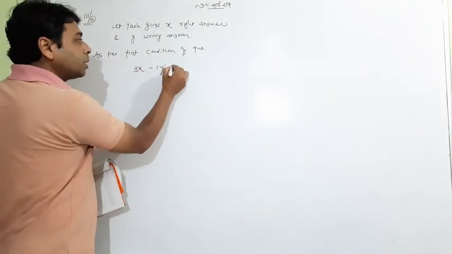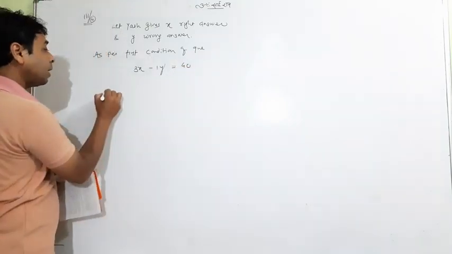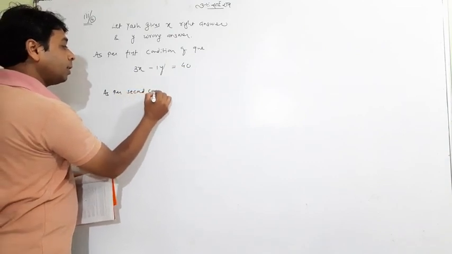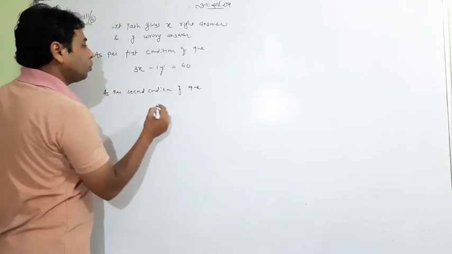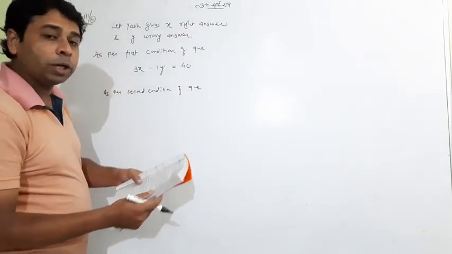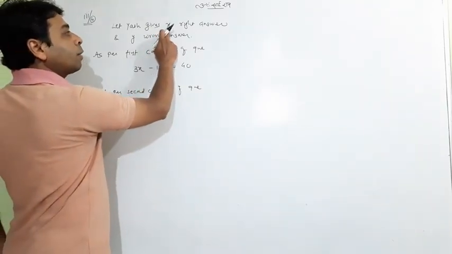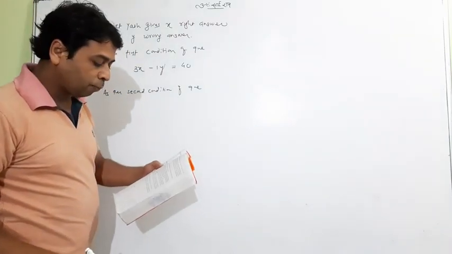So overall marks he gets what? 40, as per the first condition. And similarly, as per the second condition of the question, 4 marks are awarded for each right answer. This time also X is the number of right answers, and for each right answer he gets 4 marks.